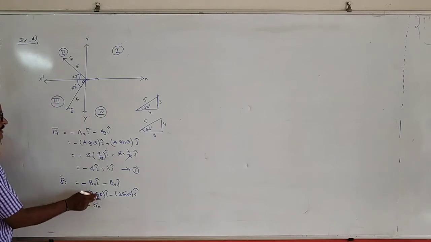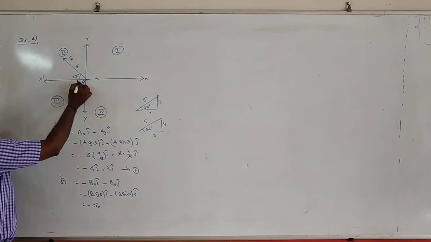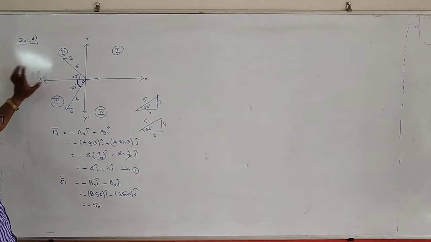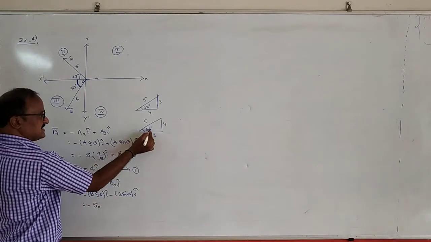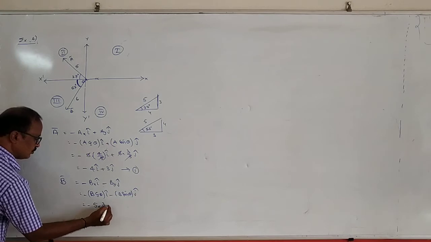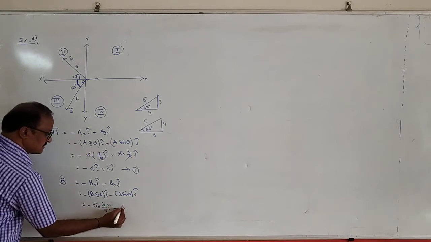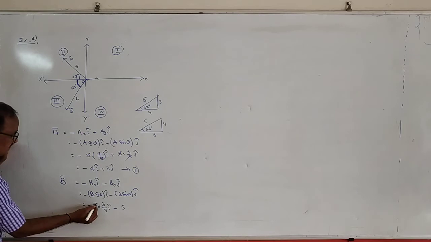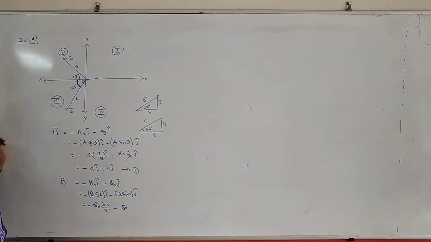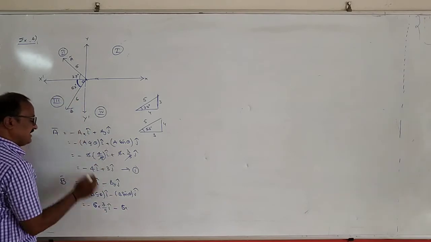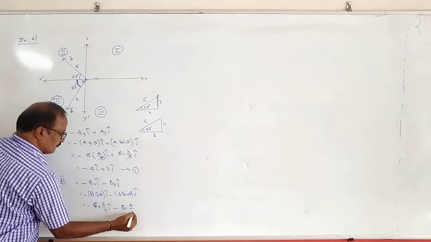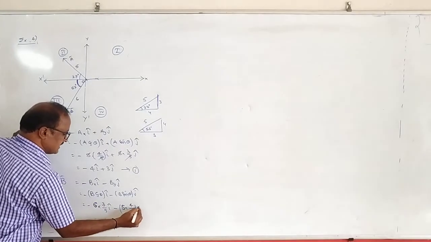Cos 53, because this vector makes 53 degrees with the x axis. Cos 53 is equal to 3 by 5, into i cap. Minus b, magnitude of b is 6, into sin 53. Sin 53 is equal to 4 by 5, into j.